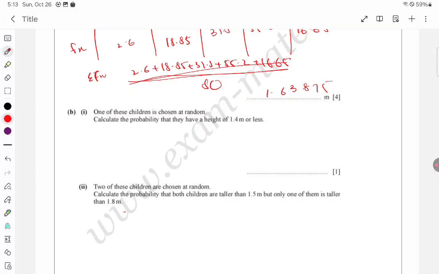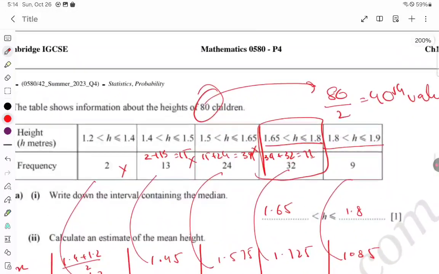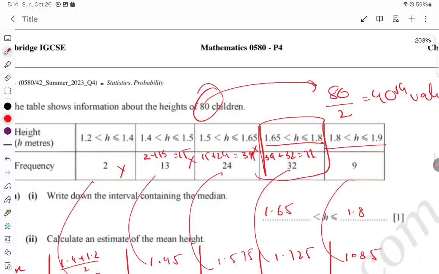On part B, one of these children is chosen at random. Calculate the probability that they have a height of 1.4 meter or less. We can only consider this box because this is greater than 1.4 and all of these are greater than 1.4.